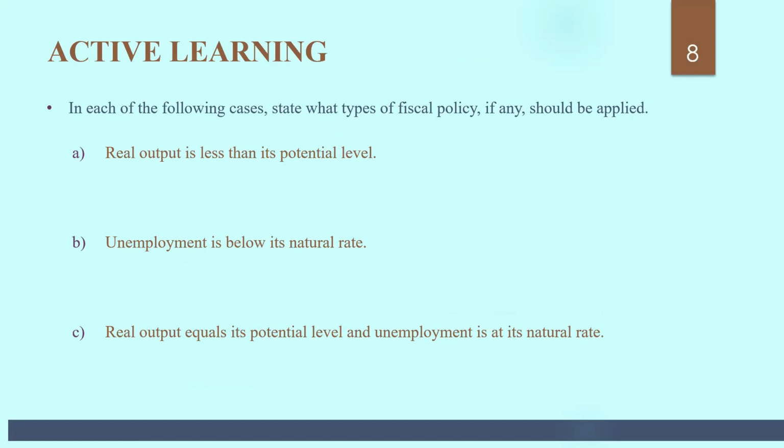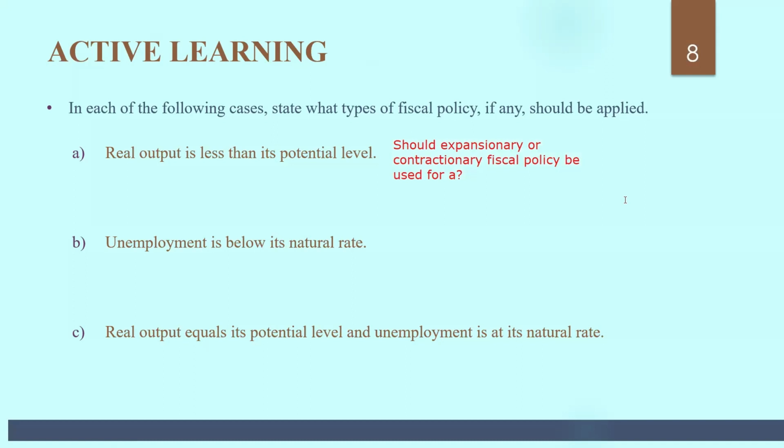So in each of the following cases, state what types of fiscal policy, if any, should be applied. So what should be done? So should expansionary or contractionary fiscal policy be used in each situation? So should expansionary or contractionary fiscal policy be used for A?